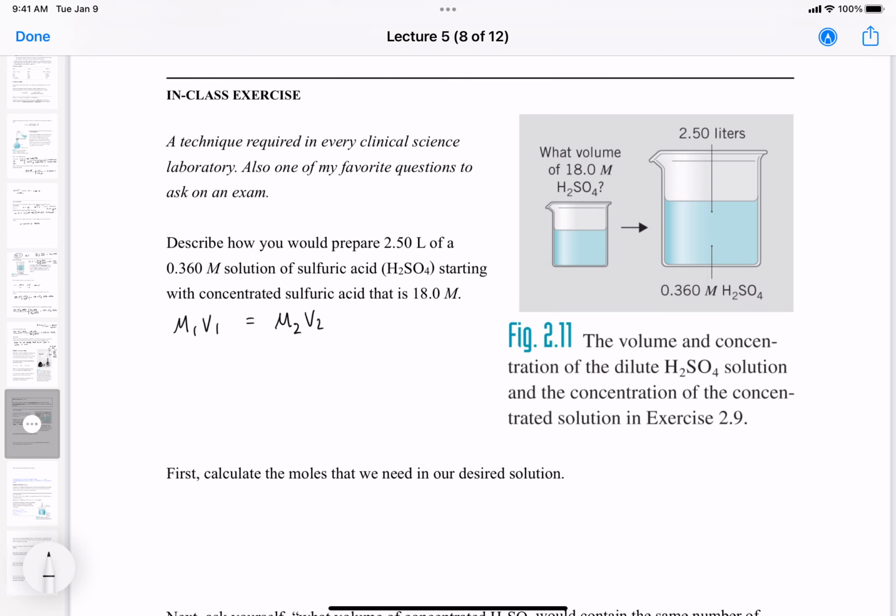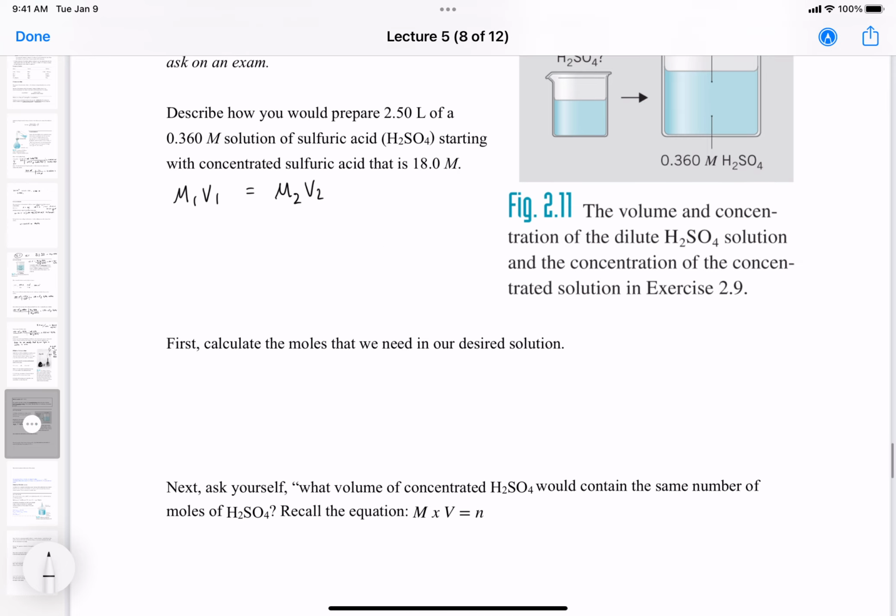First, we want to calculate the moles that we need in our desired solution. So we're going to rearrange our molarity equation. Molarity equals moles over volume, so solving for moles, moles equals molarity times volume.